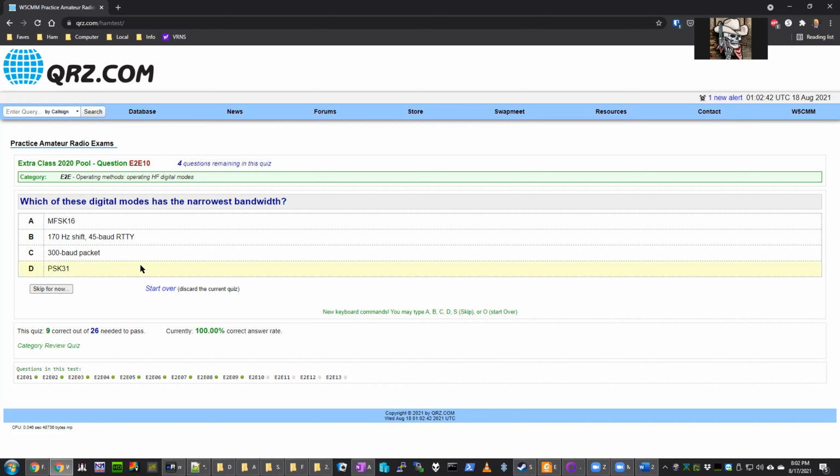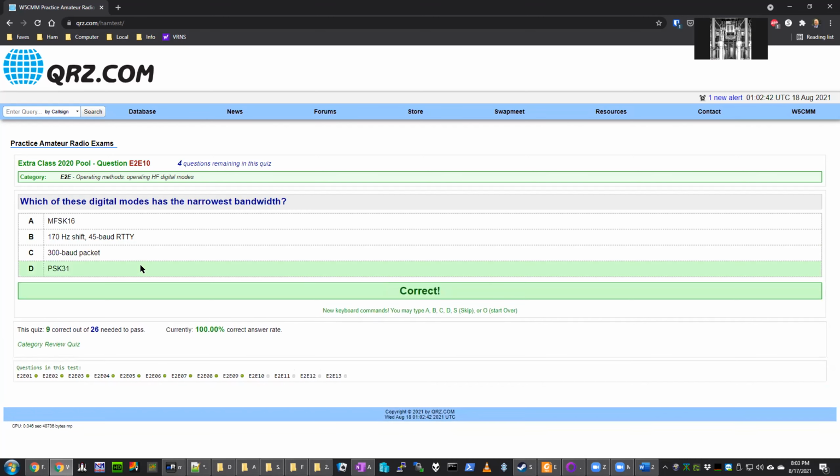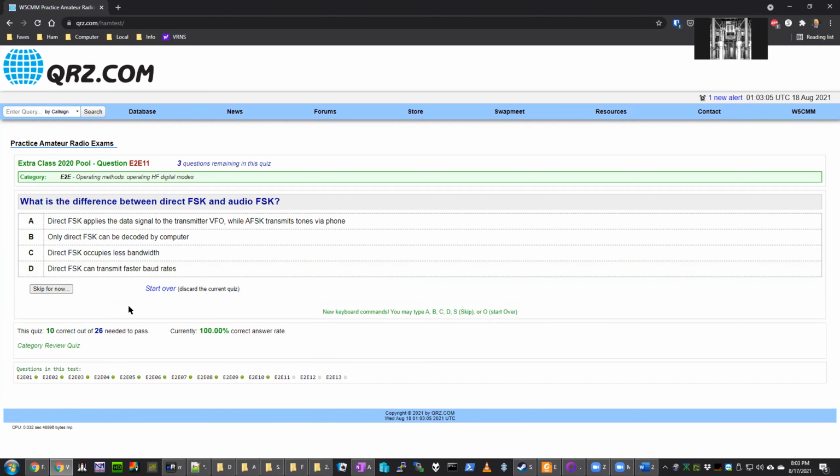Yeah, PSK 31. I believe it's in the neighborhood of 30 hertz that it uses up. What is the difference between direct FSK and audio FSK? Alpha. A. Yeah.